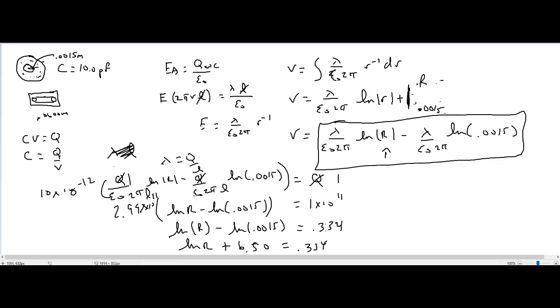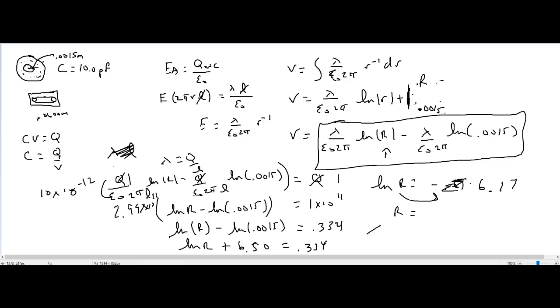Okay, wait a second, I'm going to take 0.334 and subtract the previous answer, and I get ln of R must therefore equal negative 6.17. So then I'm going to swing the e across. So R equals e to that answer.